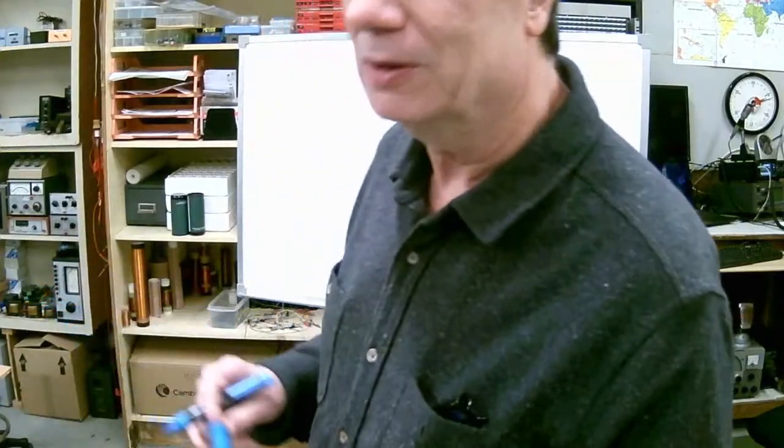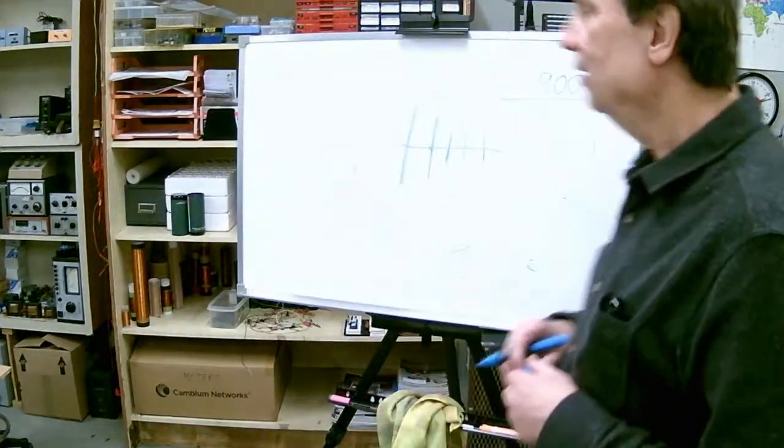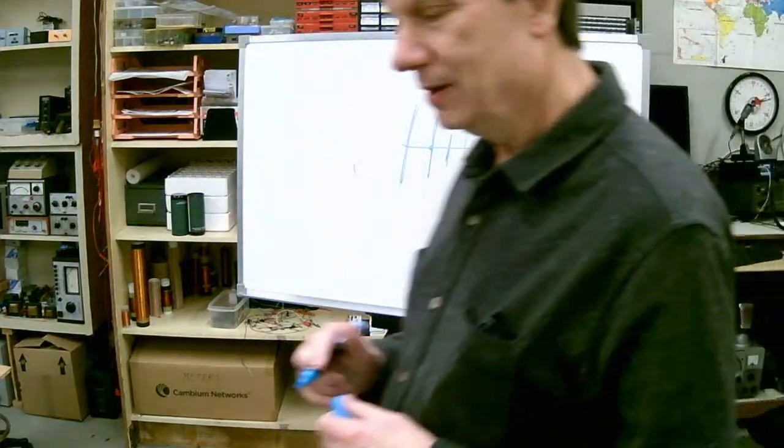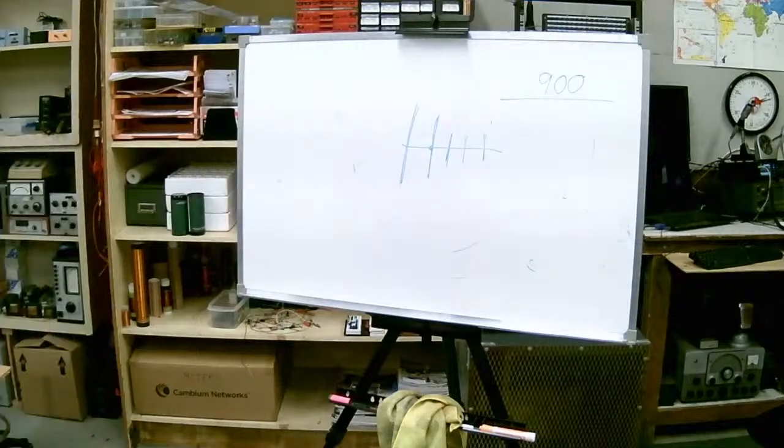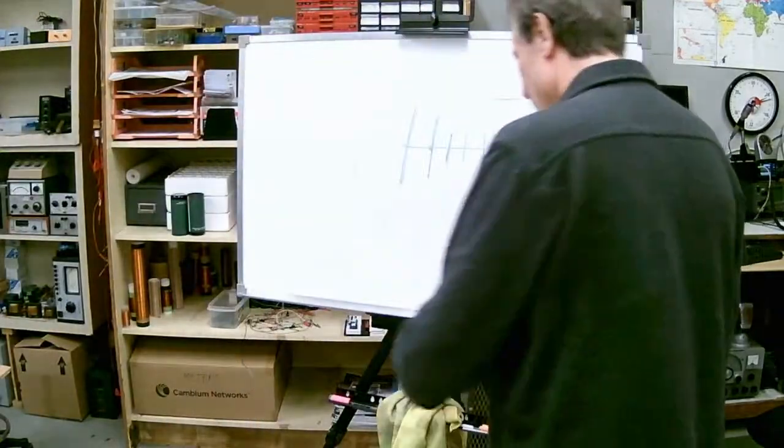So it's going to be half a foot. Remember, a dipole's half of a wavelength. So you'd only need a 1 foot long antenna to have a full wavelength. Okay, so 6 inches would be that.